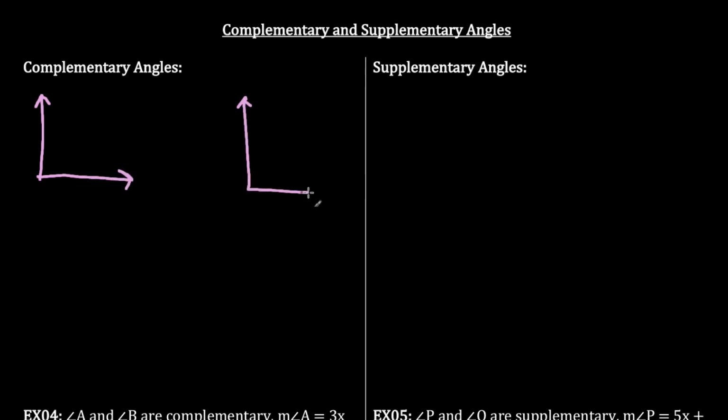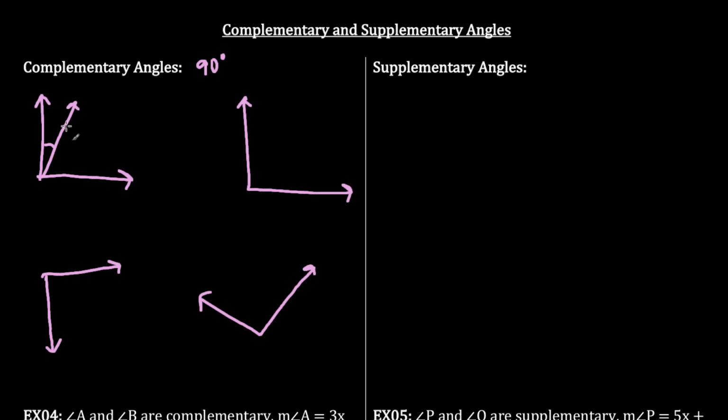So for instance, this angle and this angle are complementary to each other if they create a right angle, a 90-degree angle.